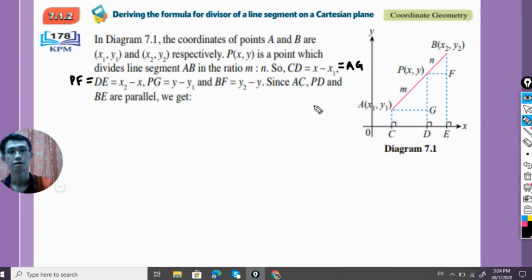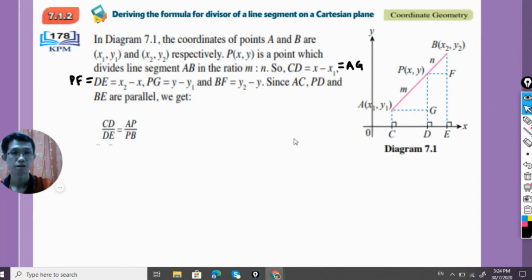Since AC, PD and BE are parallel, we can conclude from the concept of similarity that CD over DE, or AG over PF, is equivalent to the ratio AP over PB.